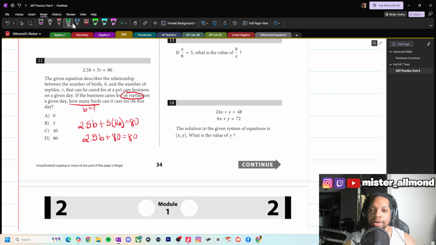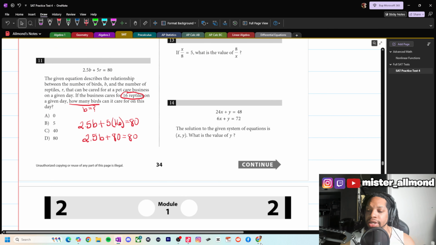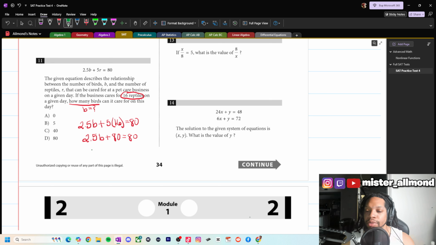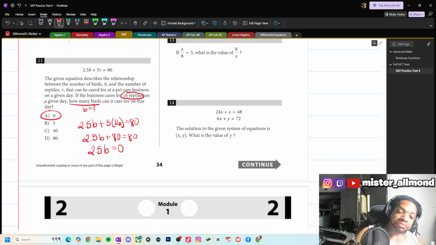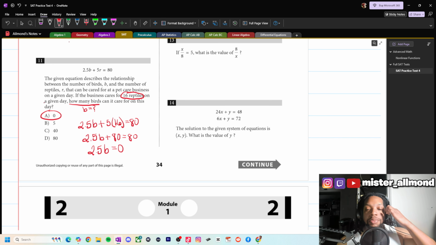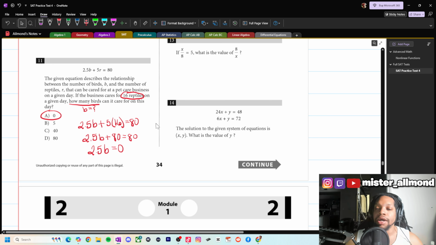That is kind of one to make you second guess, but 5 times 16 is 80. If I subtract 80 from both sides, that gives me 2.5b equals 80 minus 80, which is 0. So B is 0. They're kind of messed up for putting 0 as an answer choice. I can see that making people second guess themselves.